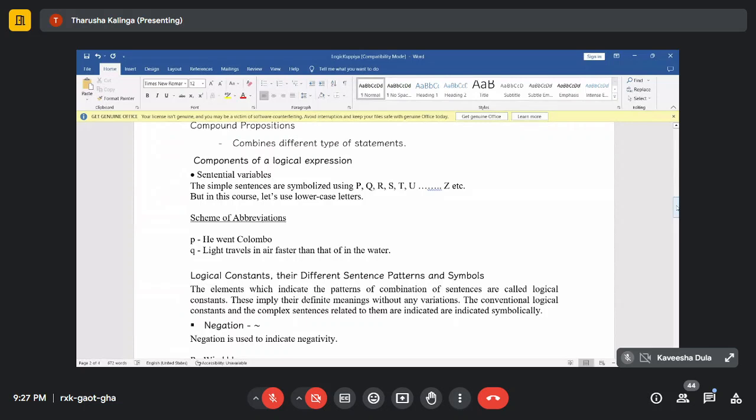We don't talk about molecular statements as sentential variables because every molecular statement can be further divided into atomic expressions, so we talk about those atomic ones. So the simple sentences are symbolized using P, Q, R, S, T, U up to Z.